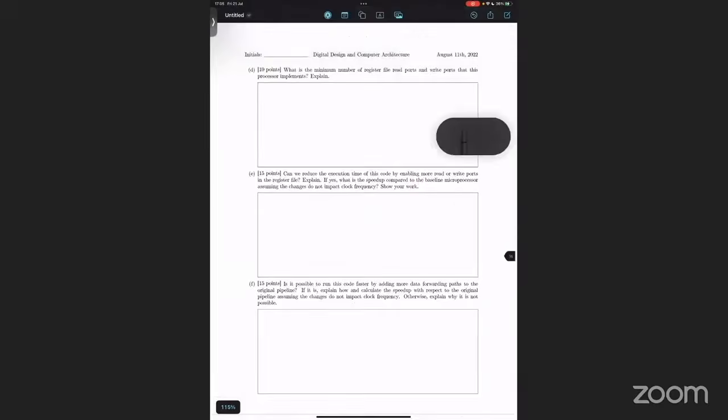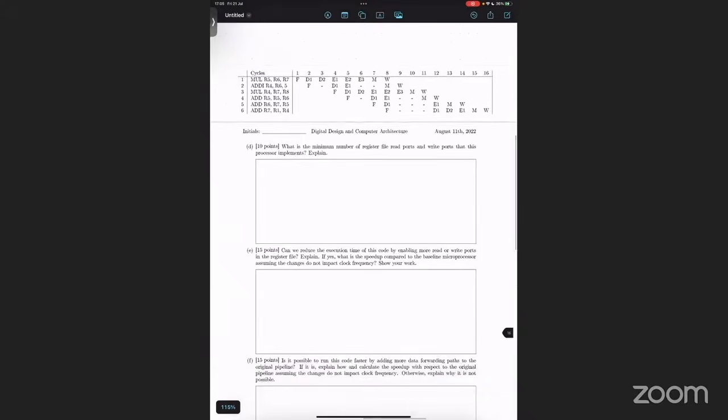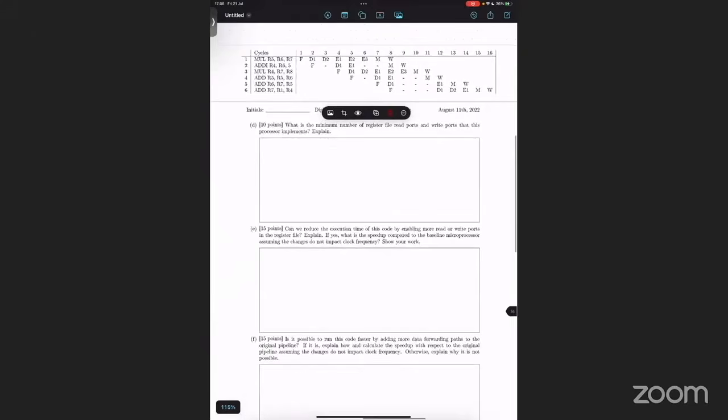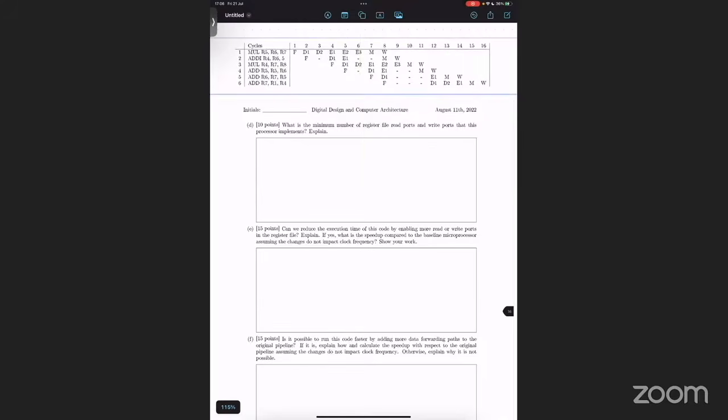Yes. So let's have this diagram here as well. Following the previous question, it's asking what is the minimum number of read and write ports for the register file that corresponds to this pipeline diagram.